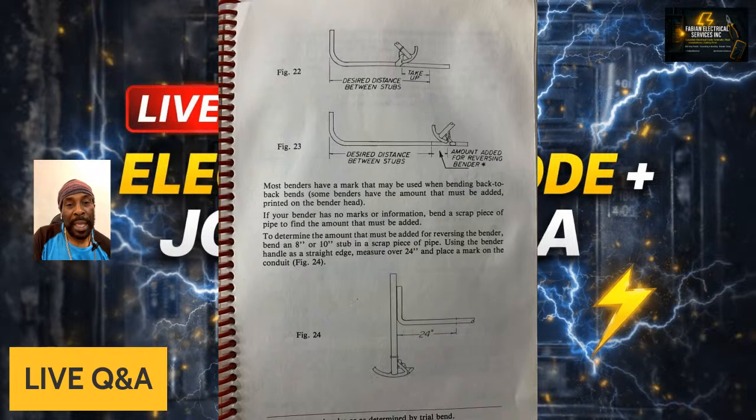What they mean is when you do the take up, it will have on the bender what the take up is, if you're doing 3/4 or 1/2 inch. I believe 1/2 inch is a 6-inch take up. I believe 3/4 is 7 inches, something like that.